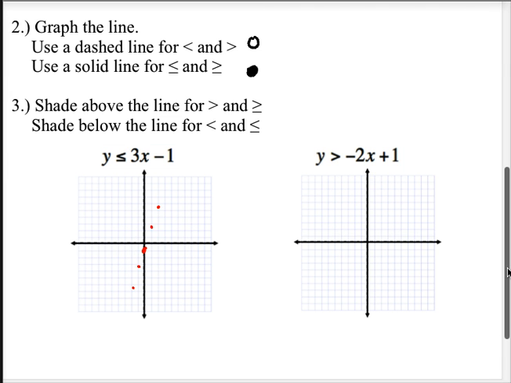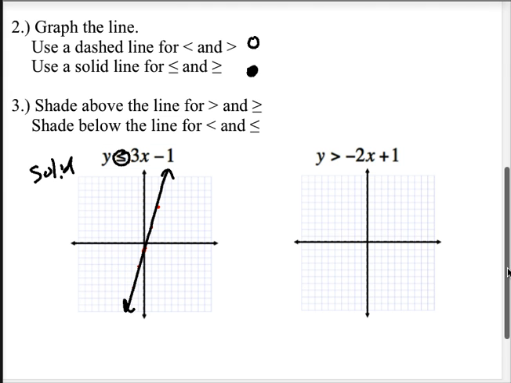Now once I find those couple points, I decide solid or dashed. So I look at my inequality sign. I'm going to say solid because of the or equal to. That or equal to piece means that my line should be part of my solution, and therefore should be a solid line.